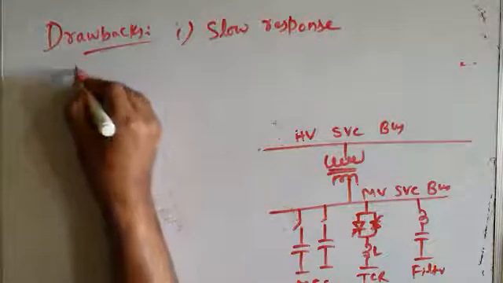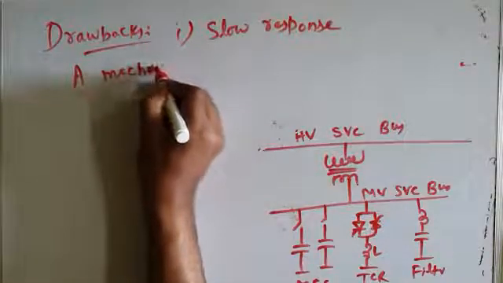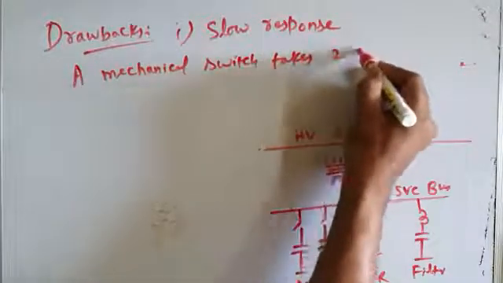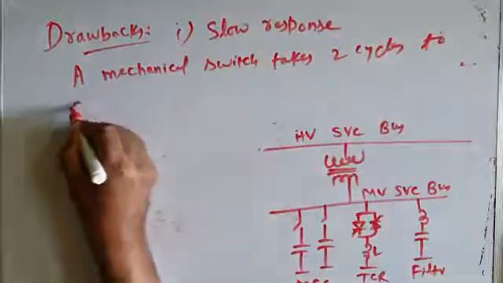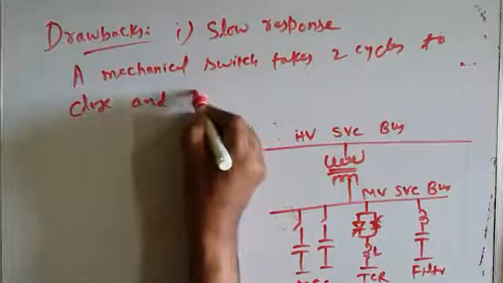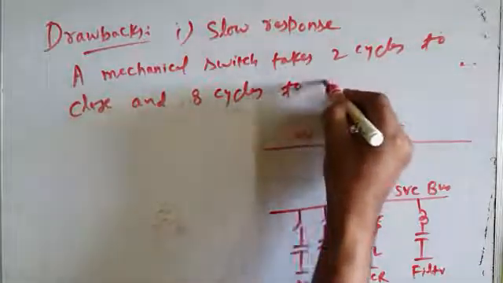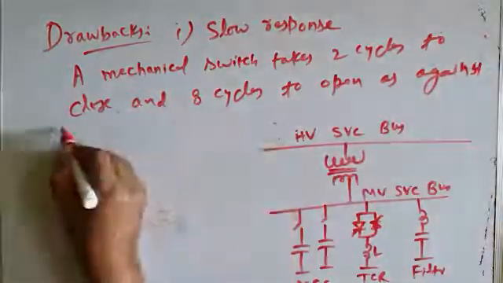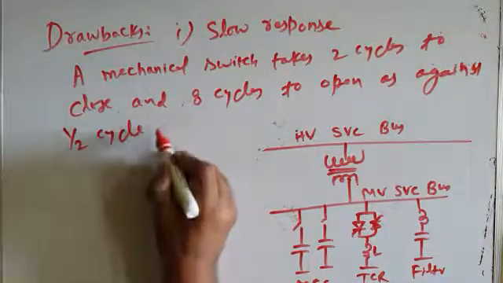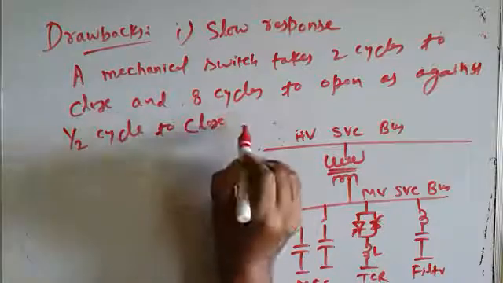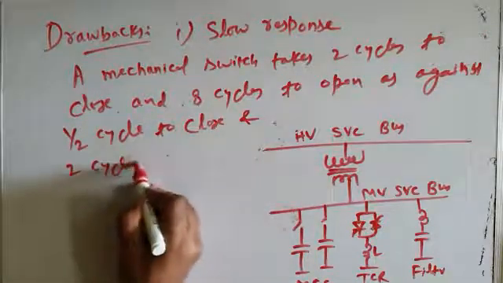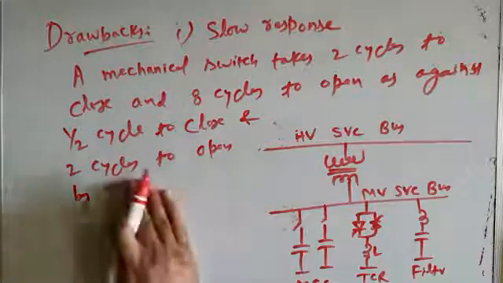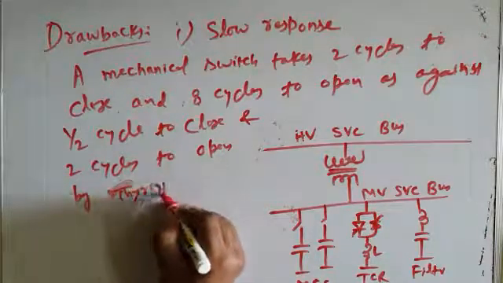A mechanical switch takes 2 cycles to close and 8 cycles to open, as against half a cycle to close and 2 cycles to open for a thyristor valve, which is used in the thyristor switched capacitor.